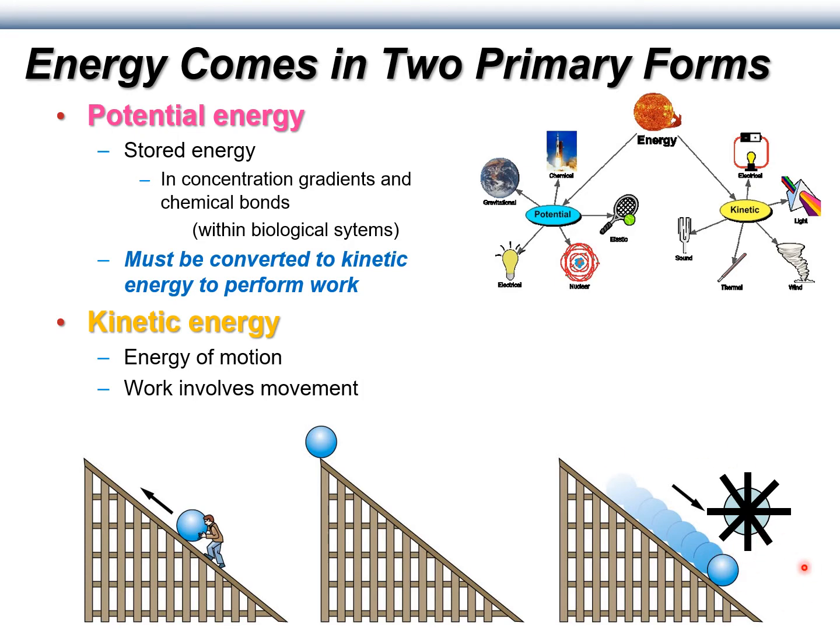But in biologic systems, we often will harness that. So as this is trying to go to a lower energy state, what we will do is trap some of that kinetic energy and use it for other purposes. We call that phenomenon coupling, where we couple an energy releasing reaction with something that requires energy.